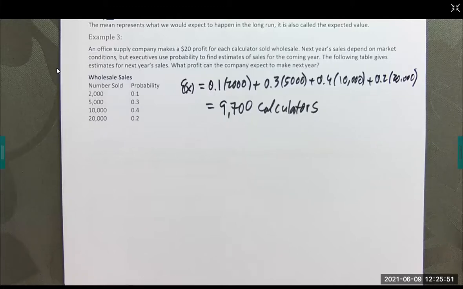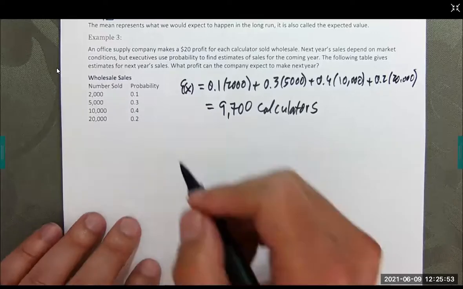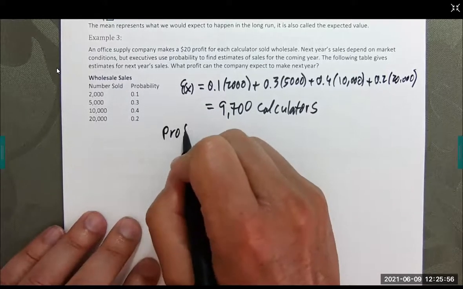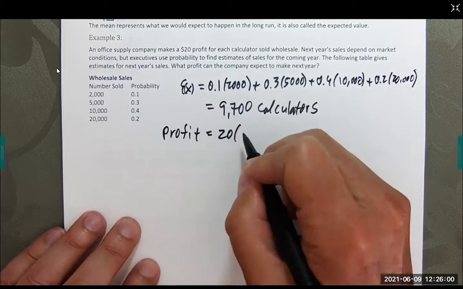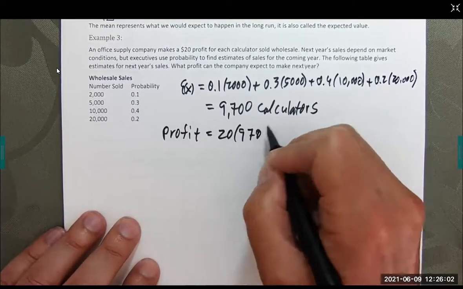Now, if they make $20 profit on each of these, that means that the profit is going to be 20 times 9,700.